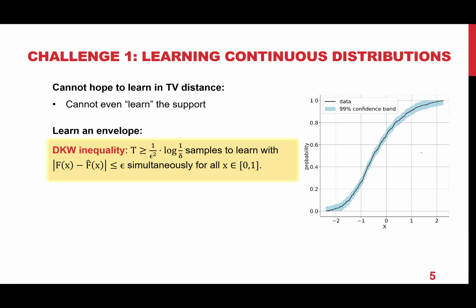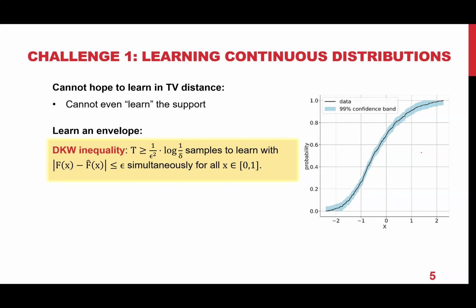Some of you might have already heard of the so-called DKW inequality. Even if you have not, the point is that although you cannot learn your original distribution, you have some CDF of your distribution. The figure is slightly off: imagine the support is from 0 to 1, not from -3 to +3.